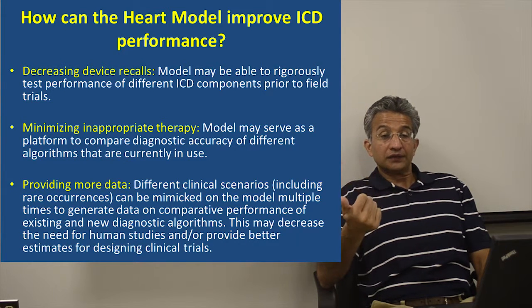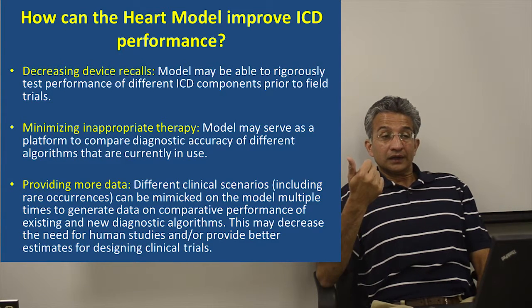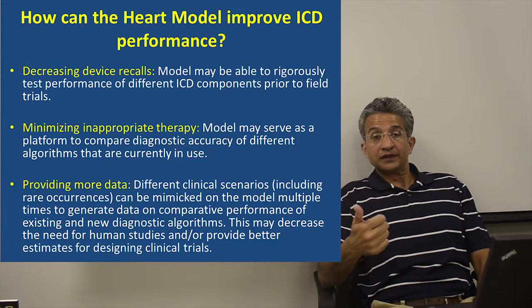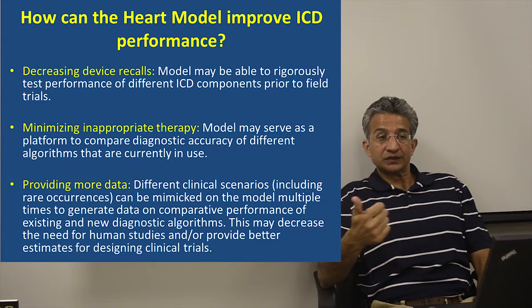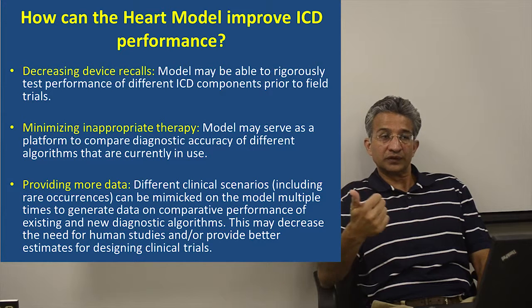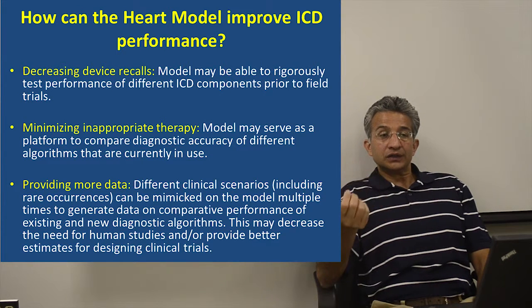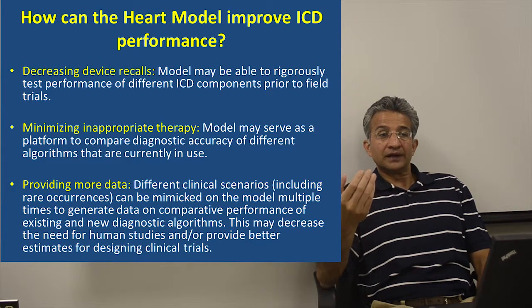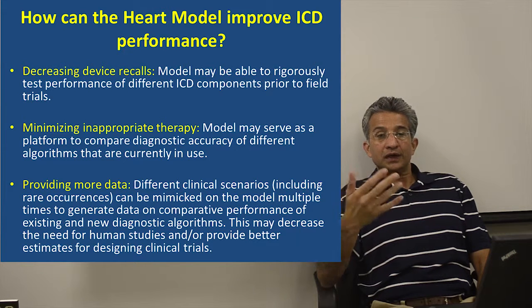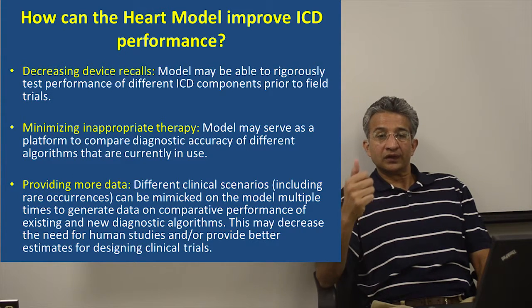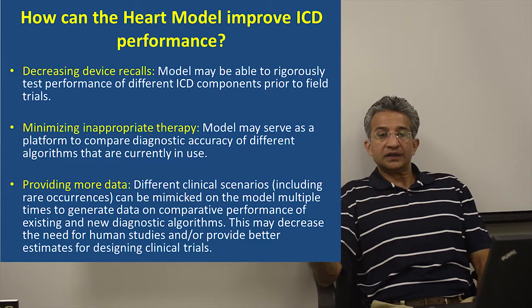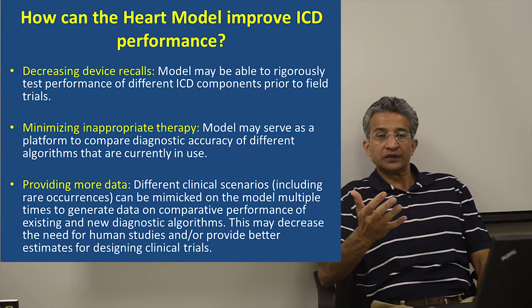And so if we can, number one, test the different algorithms that are currently available back to back to see the performance of one over the other. And then in doing so, we may actually be able to find certain other things that are not currently available to us by way of what were the number of beats that were detected by one algorithm versus the other, and at what stage of intervention.